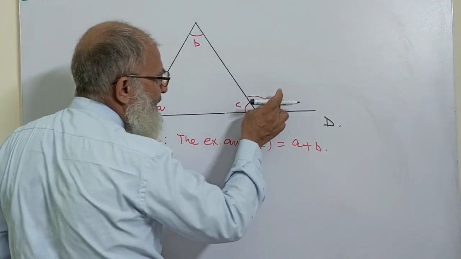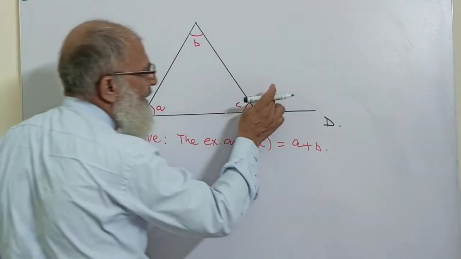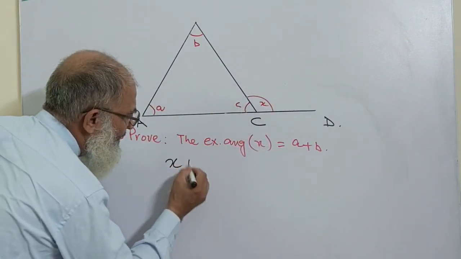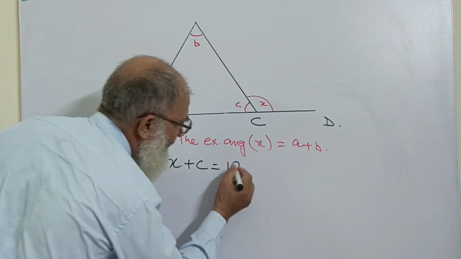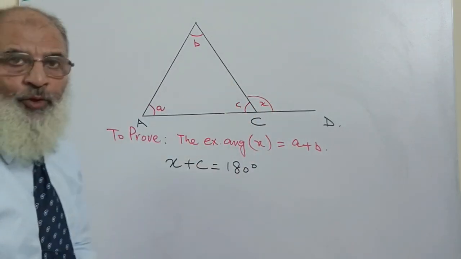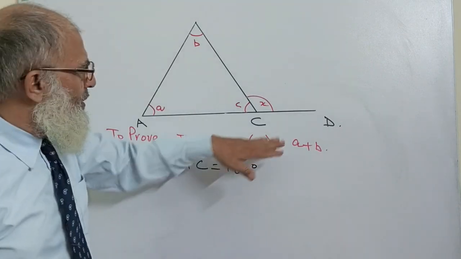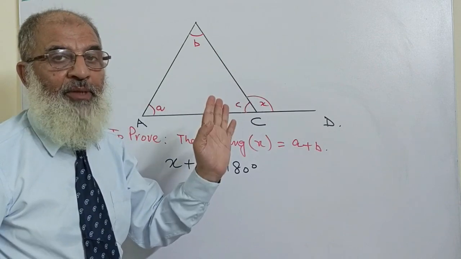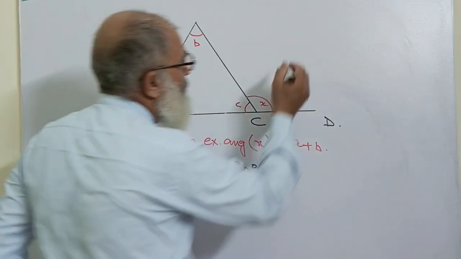There are supplementary angles. You can see the supplementary angles over here. That X plus C is equal to 180 because they are formed on one line. And I have told you earlier that when there are angles on a line, they are supplementary. Either they are 2 or 3.